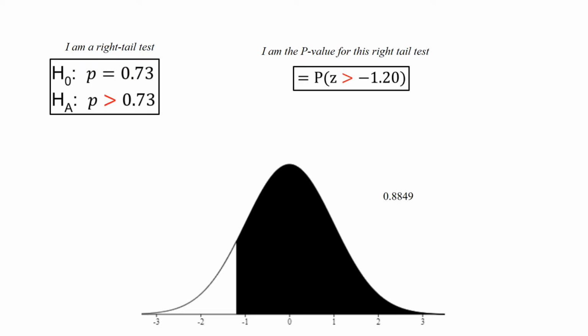And the same thing with the third one, which is totally a crazy p-value. Let's see what it says here. It says that the area to the right of a z-score of negative 1.2 is 0.8849. Consider, what does this indicate? Why is this such a crazy p-value, and why do we end up with such a big number?